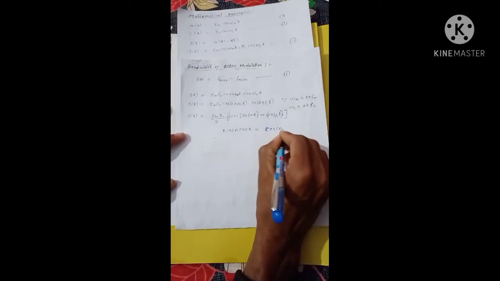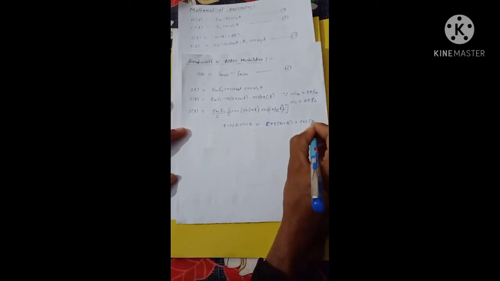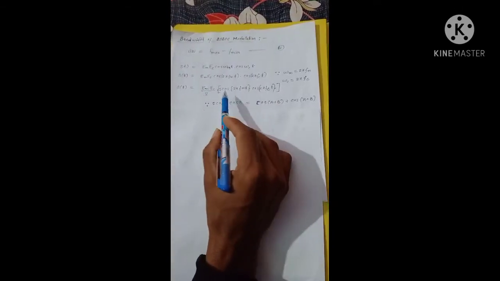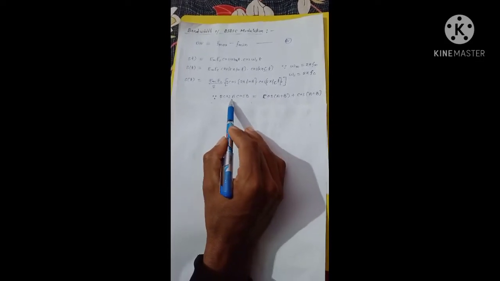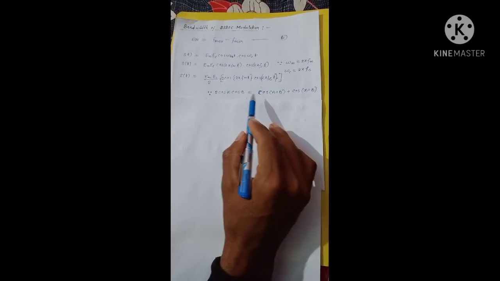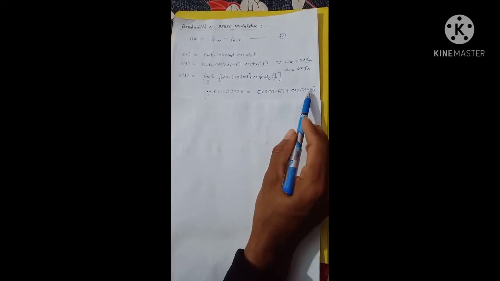This term is in the form of 2 cos a into cos b. So 2 cos a cos b is equal to cos (a plus b) plus cos (a minus b).